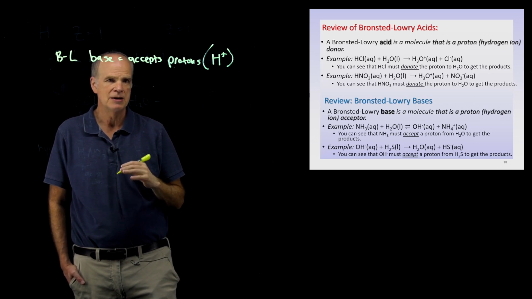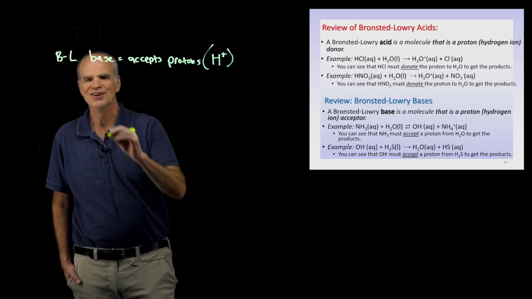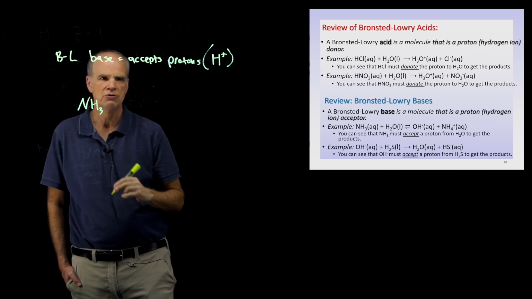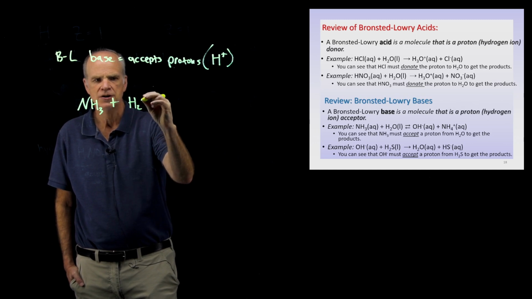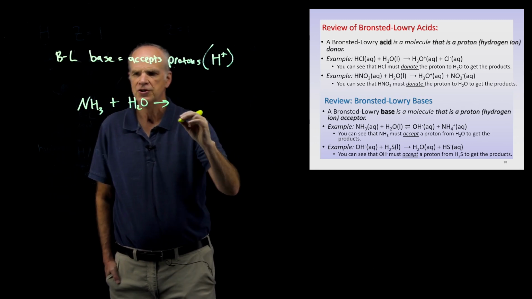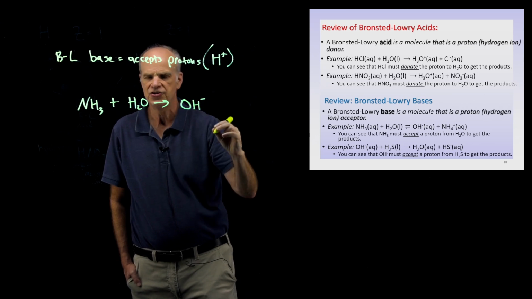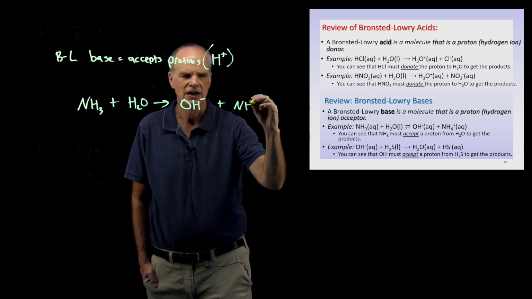So let me give you an example of a reaction where we can see a Bronsted base at work. Here we have the molecule ammonia, which is NH3, and it will react with water to produce hydroxide, which is OH minus, plus the ammonium ion.